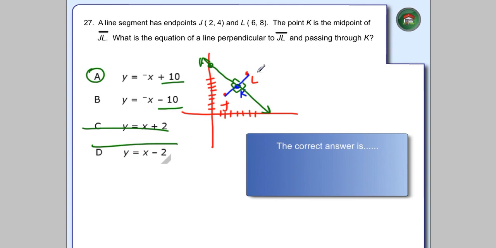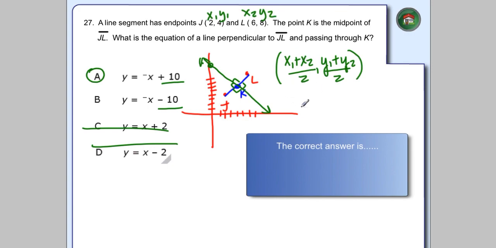But to do this mathematically, we would have to find the midpoint here. So you would do x1 plus x2 over 2, y1 plus y2 over 2. Okay, so you would do this x1, and this is x2.